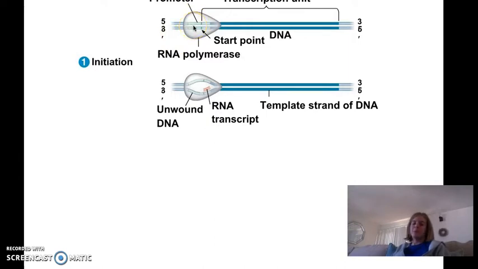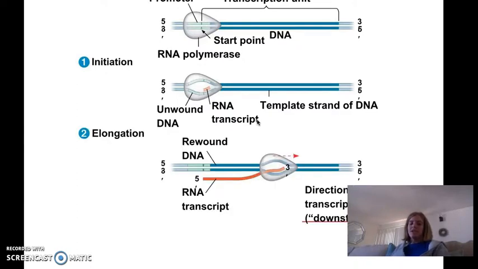And as you remember, what happens once it attaches is DNA begins to unwind, and you start to get the RNA. This first step of transcription is known as initiation. The second step is known as elongation, and that is when our RNA chain is getting longer because RNA polymerase is adding the complementary nucleotides, once again going from the 5' to 3' direction.